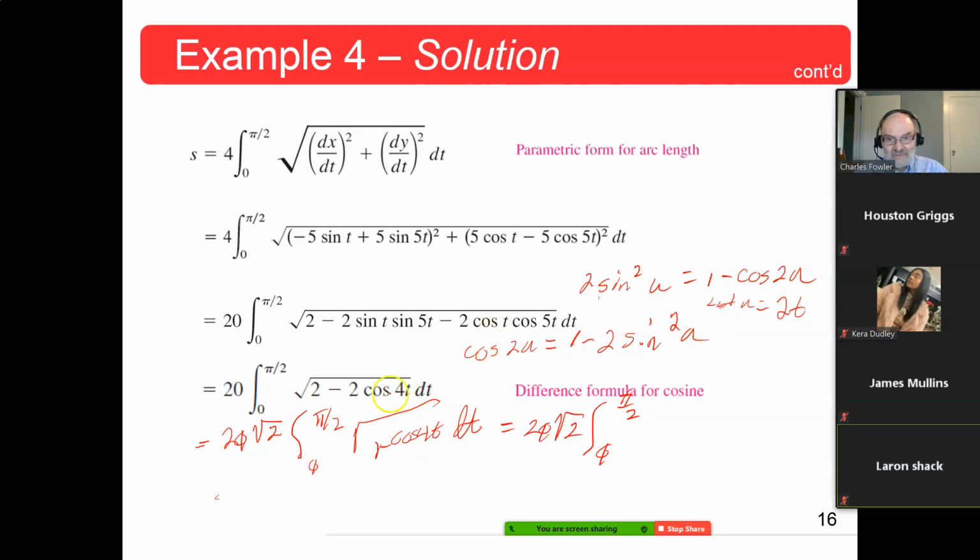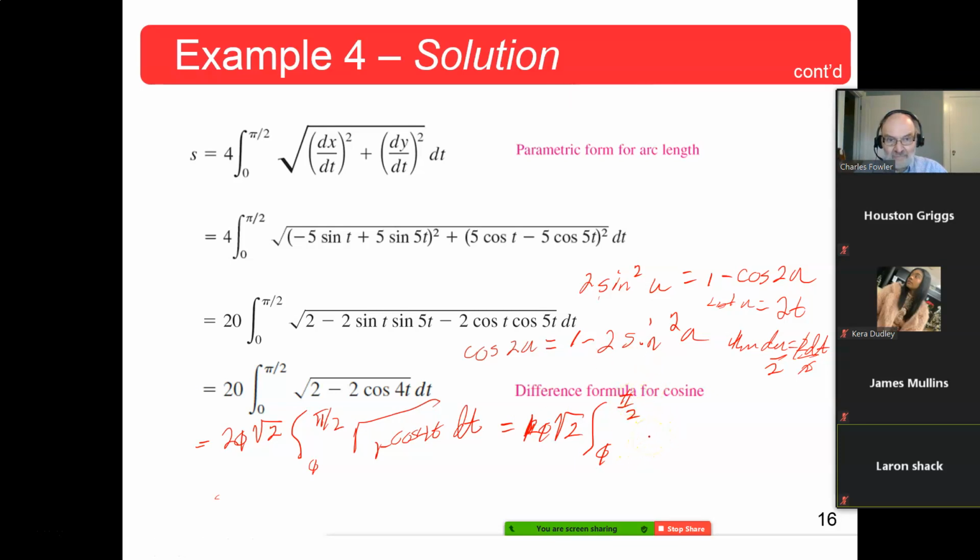Okay, and then this will work fine. This will be cosine 2u, but your dt, 2 dt. We don't have a 2 dt, so let's divide everything by 2. Now what that's going to do is drop this to being a 10 here. I know this is too many moving parts.